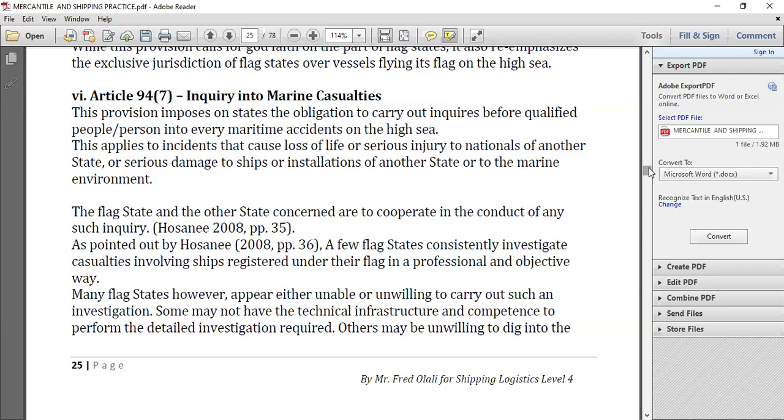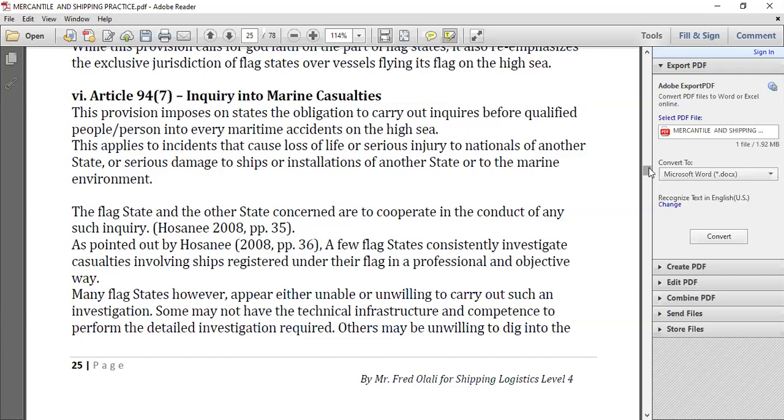So experts must be involved in this particular aspect. So the flag state and the other states concerned are to cooperate in the conduct of such inquiry, as stated by Hosseini, 2008, page 35.